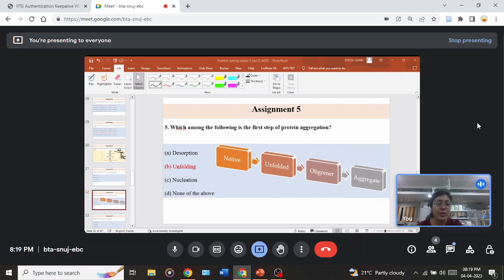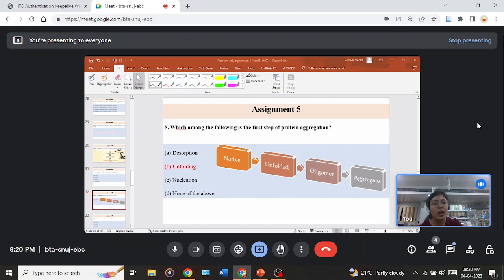So don't get confused between nucleation, unfolding and desorption. And why not desorption? Desorption is not a particular event in protein aggregation. And none of the above is also not a correct answer.